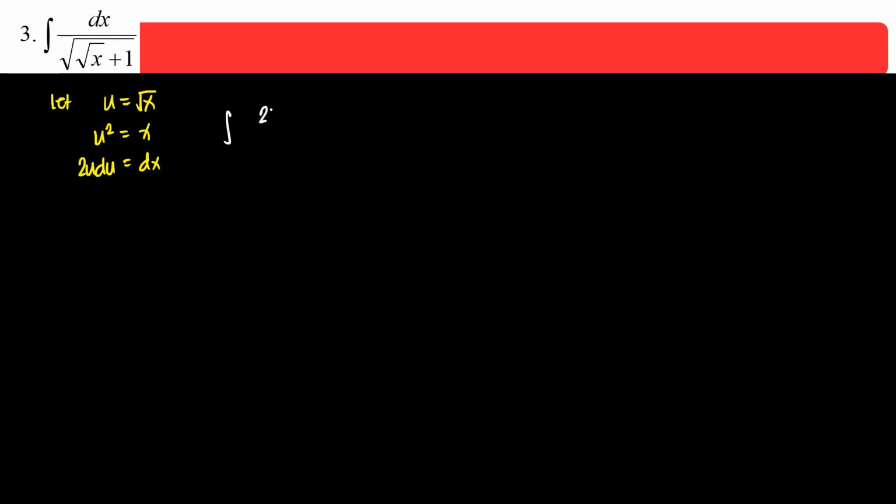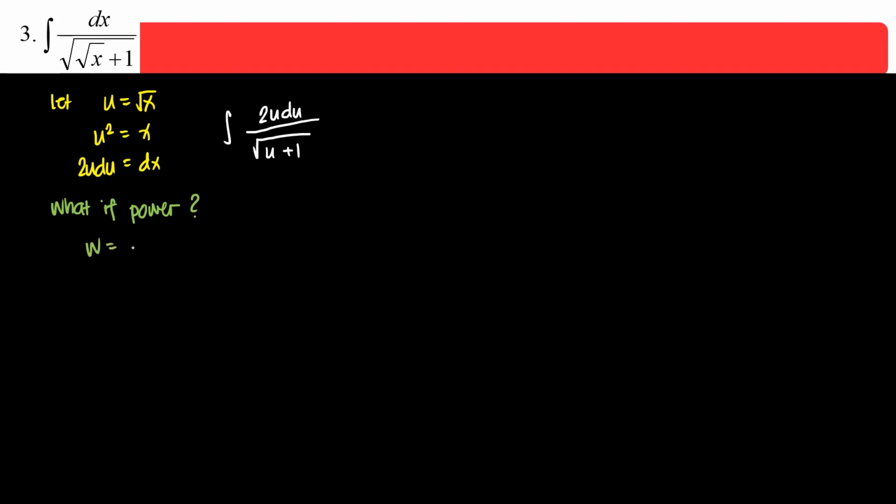So, in this case, guys, you can say, let's replace everything. The dx would then be 2u du, square root of square root of x becomes u plus 1. However, when you try doing this, you still won't be able to integrate. Why? Because what if power? Okay.